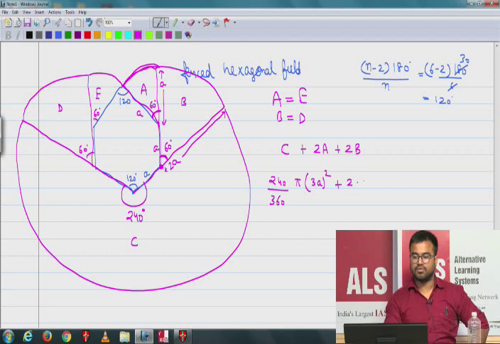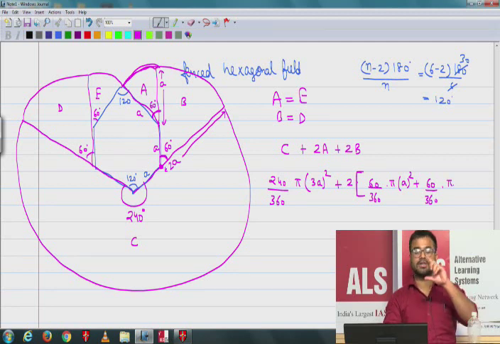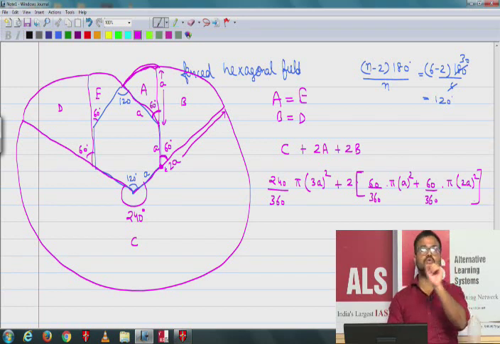So 2 into, or you can take 2 as common from A and B both, theta over 360 pi r square. This is for A, and for B, theta over 360 pi r square. The radius for B is 2a. I have taken 2 common from both A and B.